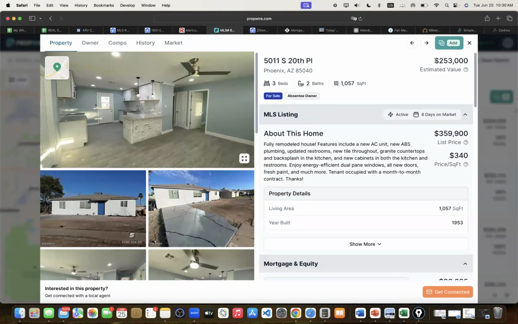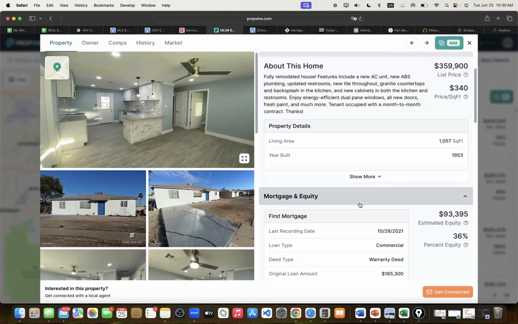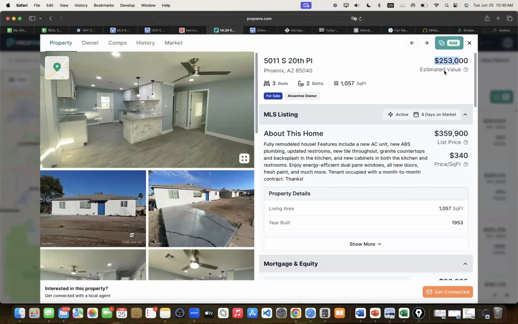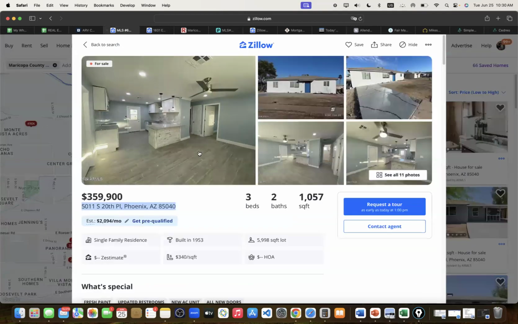Over here it says the estimated value is 253, but it's listed for 360. I think it's the estimated value that is getting messed up. This would have been a great subject, but again, this is another fix and flip property selling for 360.